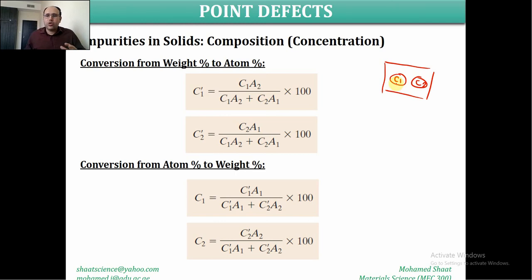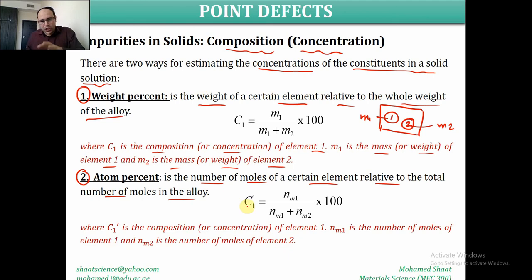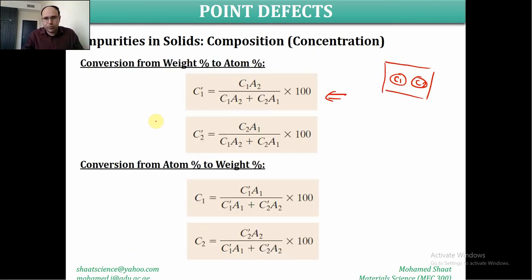So assuming that you have a certain metal or non-metal material with a certain atomic weight, and C1 and C2 were given, can we determine the concentration of element 1 or element 2 in terms of atomic percent instead of weight percent? Yes, according to this relation. For example, the atomic percent of element 1 is C1 dash, where the dash distinguishes the concentration based on the atomic percent from the weight percent.